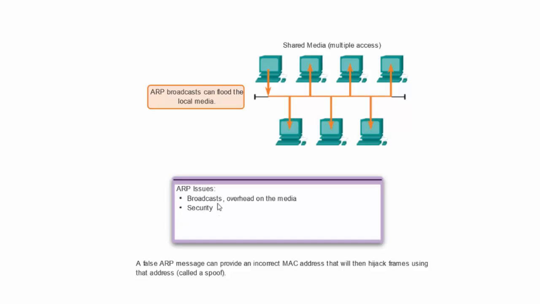The other issue is security. For all types of broadcast frames, there is always the risk that some of these nodes will consume and read the request and learn something about the LAN.